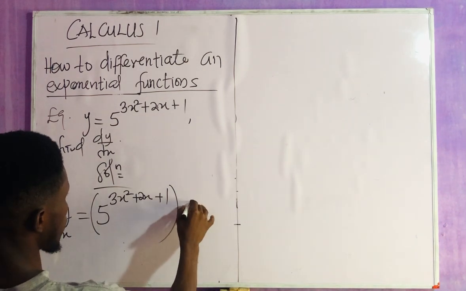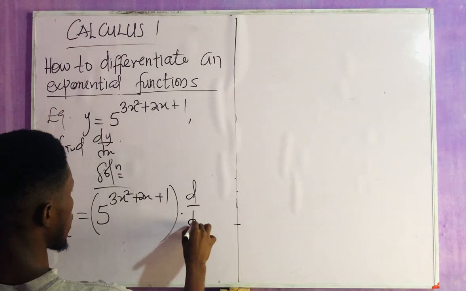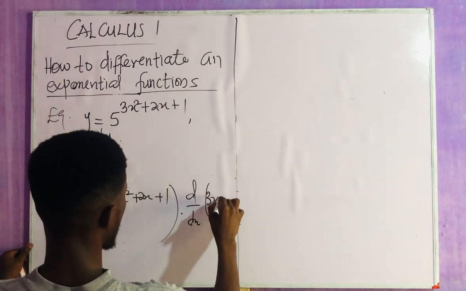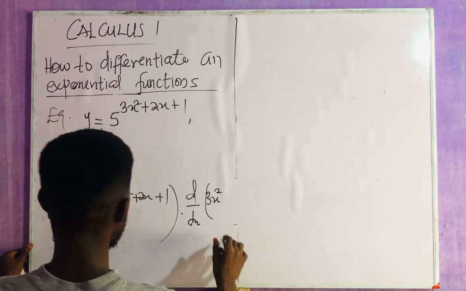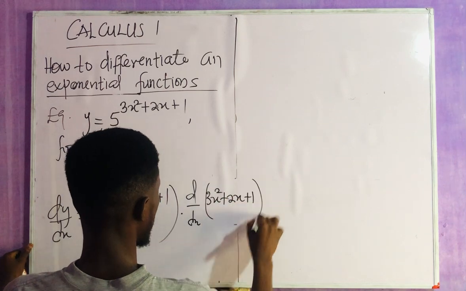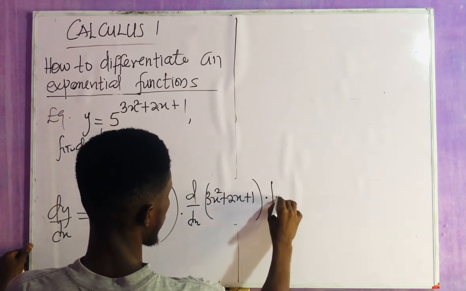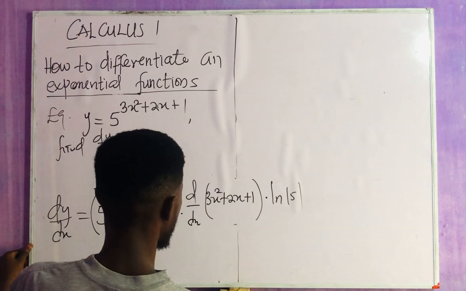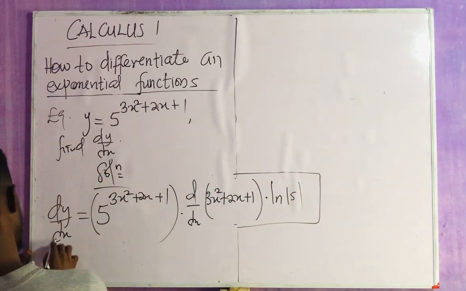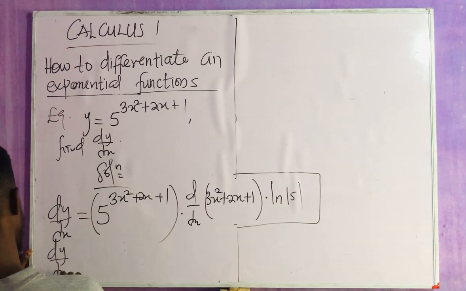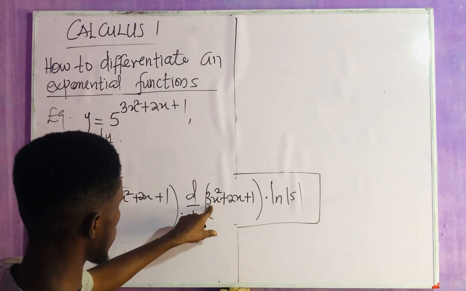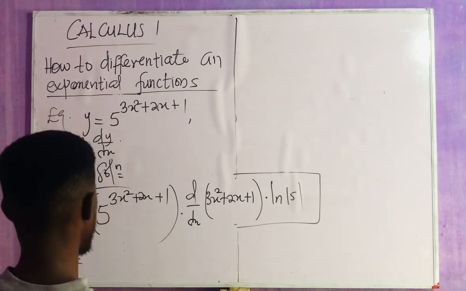Multiplying by d dx of 3x squared plus 2x plus 1, times ln of the base. So dy dx will now give you, if you differentiate this, 6x plus 2.